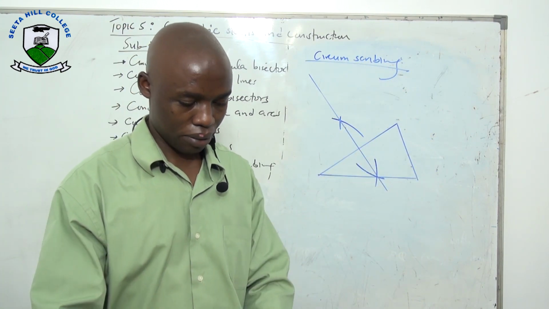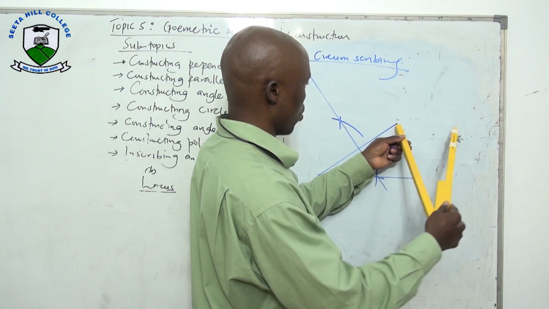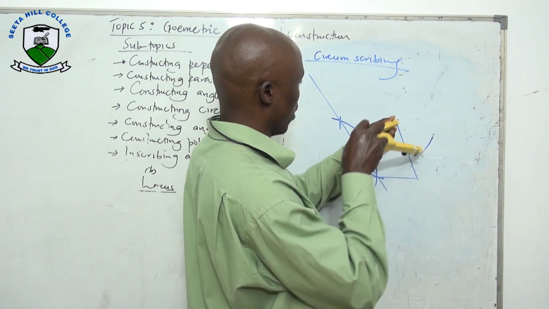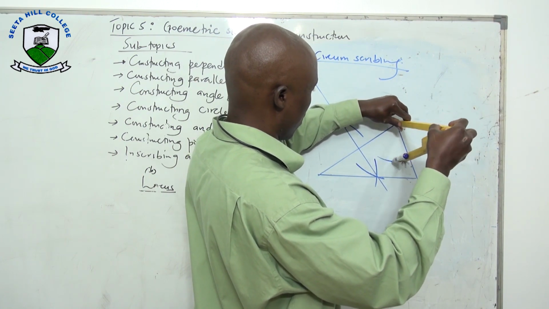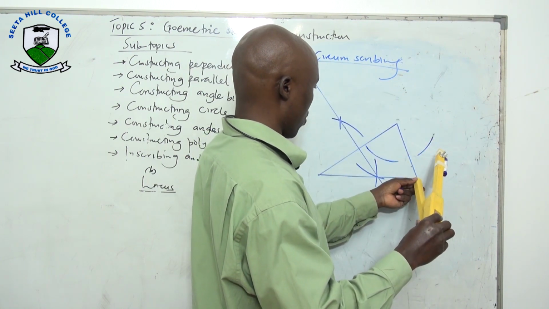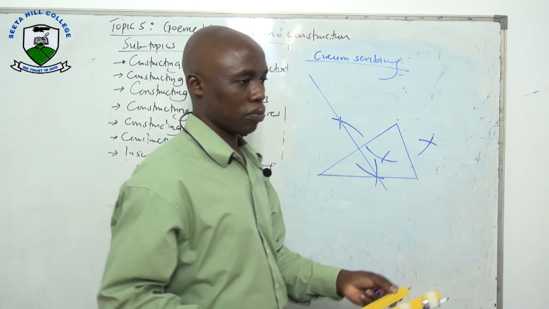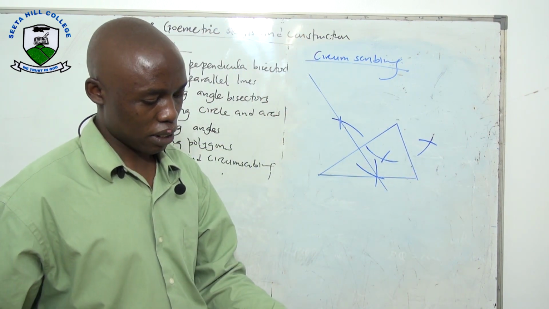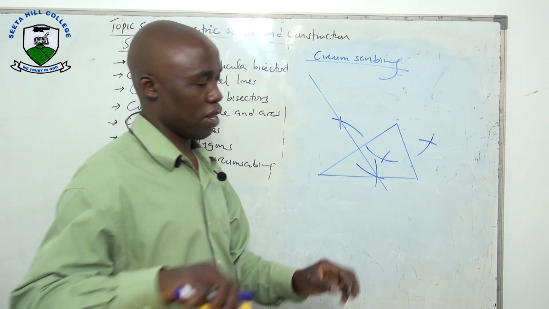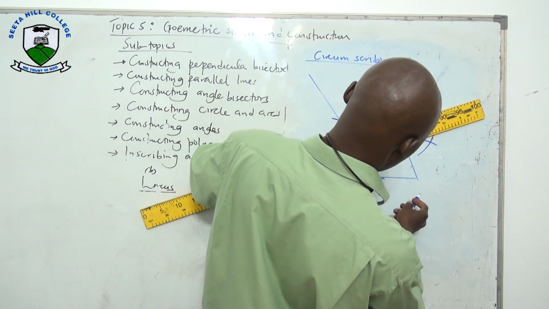Then I go and look for another line. Is that right? I can use this one also and shorten it a bit. Then an arc this way, then this way. You can use another side, not so? Then have it here.